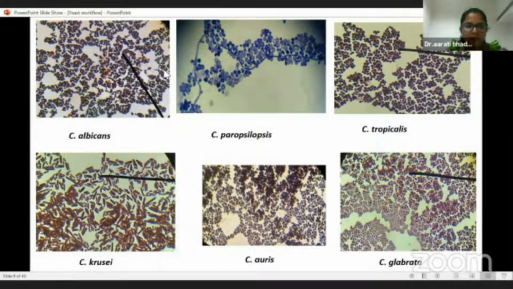Here you can see budding yeast cells with pseudohyphae. Here also pseudohyphae, circular budding yeast cells. Candida krusei will give elongated yeast cells. And Candida auris will have only budding cells, but they are smaller in size than glabrata.